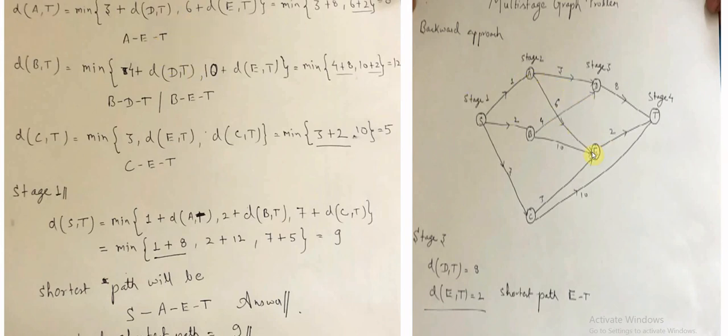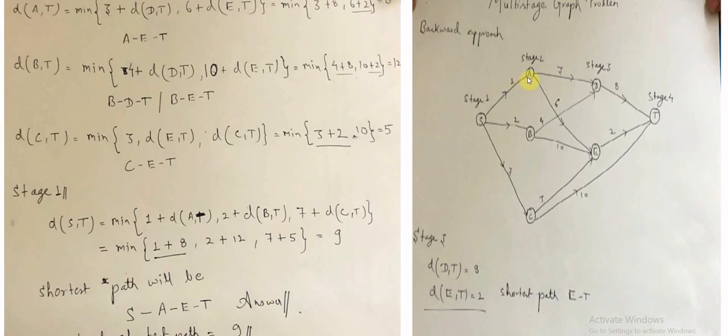Now there is another path via E to reach T from A. So the weight of AE plus the cost to reach from E to T, which we have already computed, so 3 plus 8 and 6 plus 2. Obviously 6 plus 2 is smaller, and since we are selecting the value which is offering the minimum cost, 8 is less than 11, so we are opting for 8.